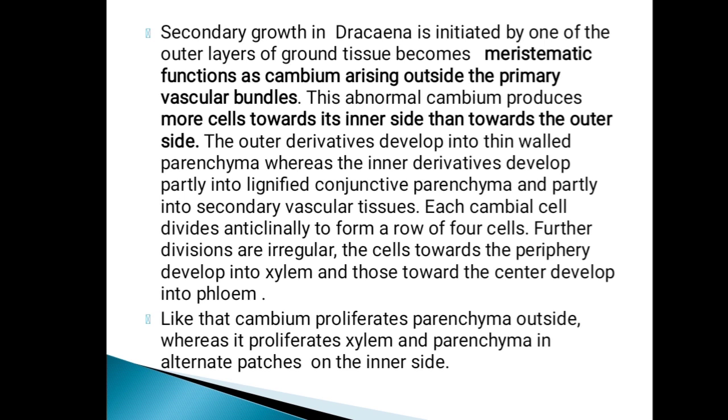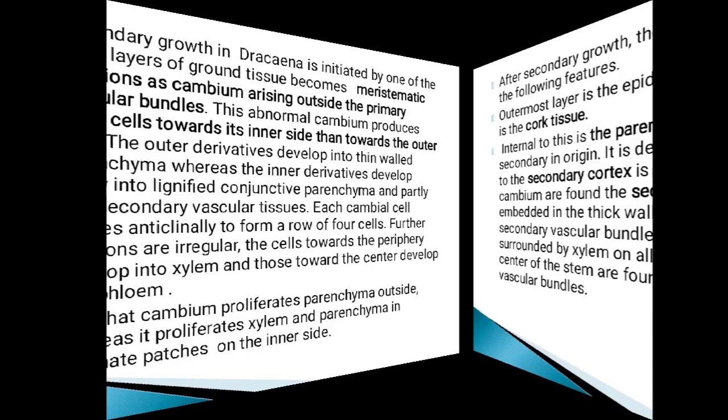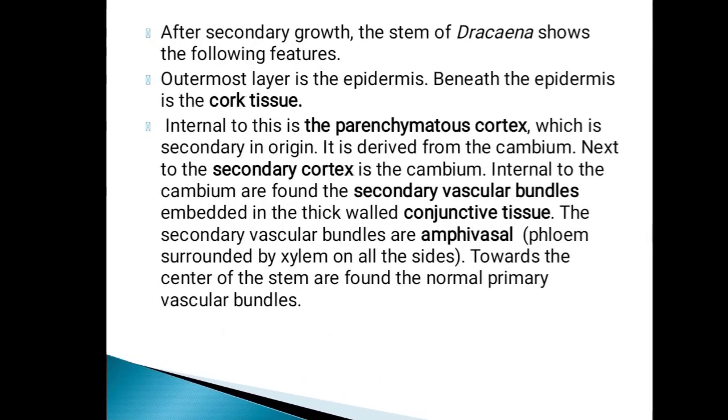Each cambial cell divides anticlinally to form a row of 4 cells. Further divisions are irregular. The cells towards the periphery develop into xylem and those towards the center develop into phloem. Like that, the cambium proliferates parenchyma outside, whereas it proliferates xylem and parenchyma in alternate patches on the inner side. And after secondary growth, the stem of Dracaena shows the following features.